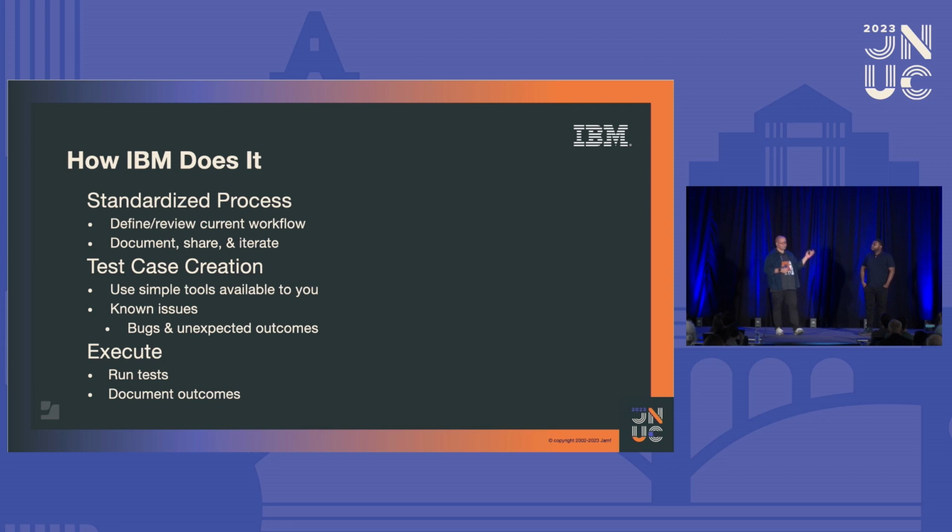We are also documenting known issues, bugs, or unexpected outcomes for the future, because you easily forget what you've seen when you've been doing some work before. The last part is execution, which is the hard work, where you are running the test on the bare metal. And then, of course, you are taking evidence of what happened during the testing.